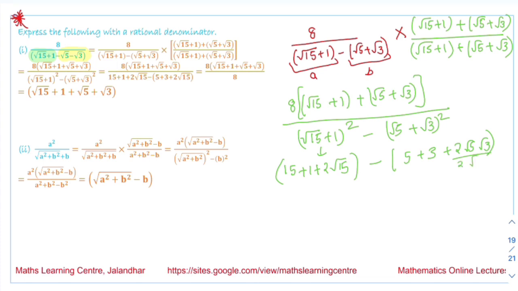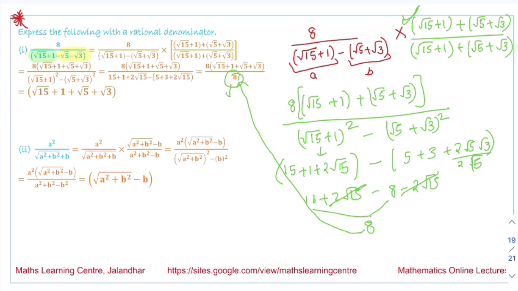This value is 2 root 15. So this expression is 16 plus 2 root 15, and this expression is minus 8 minus 2 root 15. When you cancel this, the final denominator you get is 8. So this is the rationalizing factor here, as the denominator is now a rational number. We need not do any other step.